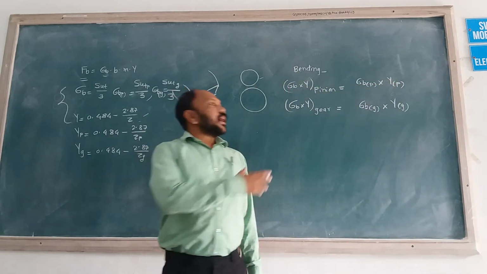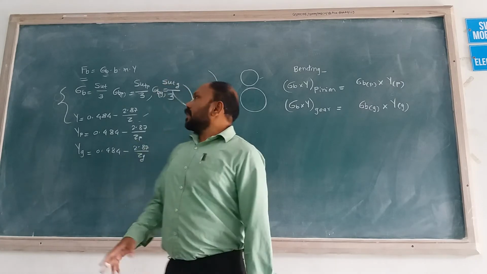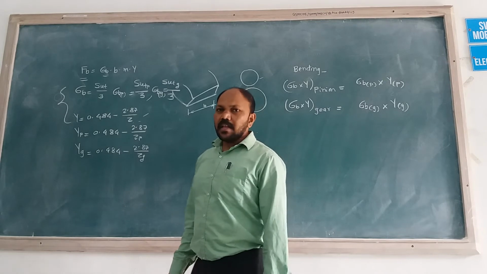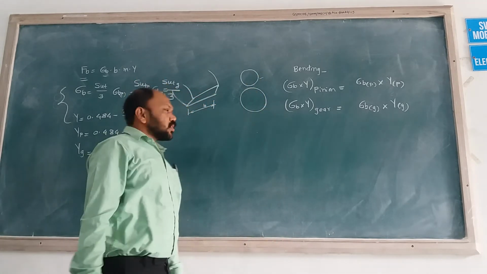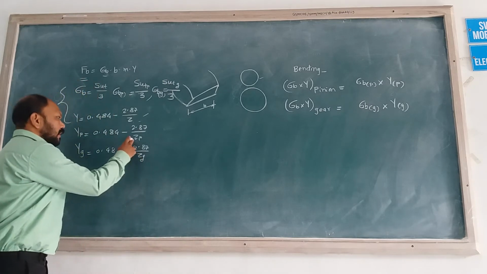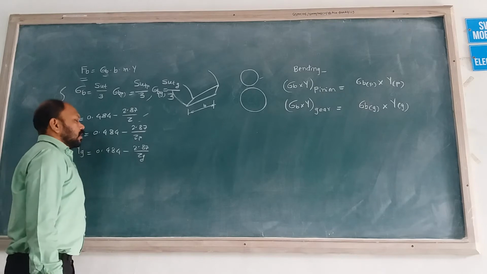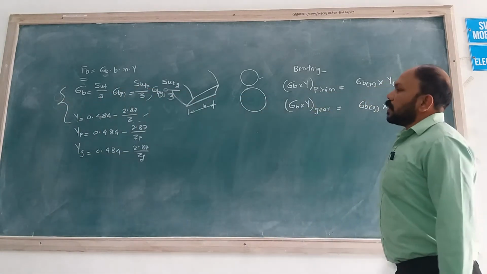In this case, we assume that the material is different. As the material is different, the sigma b value is different for pinion as well as gear. And as the pinion is smaller and the gear is bigger, the number of teeth on the pinion is minimum and the number of teeth on the gear is maximum. So in this way, the value varies.